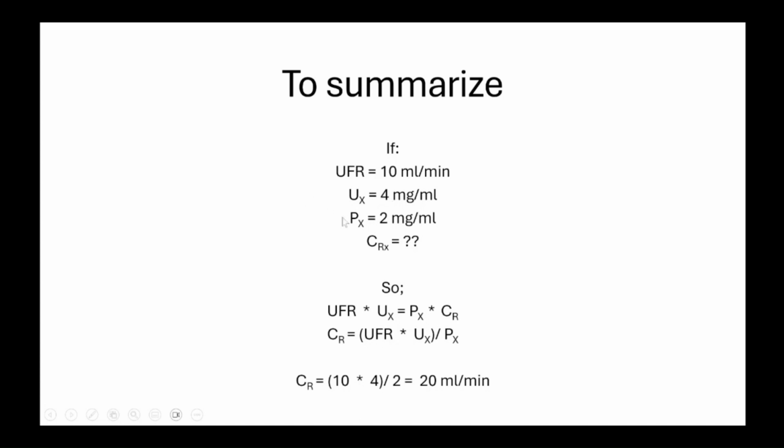And then we divided this by the plasma concentration of the substance, which is 2 mg per ml. And this gave us the clearance rate, which was 20 ml for each minute.